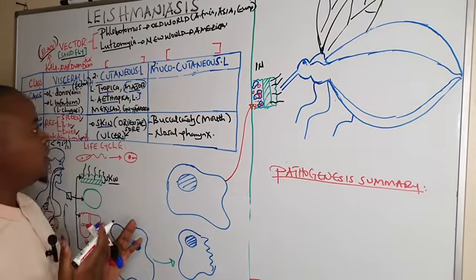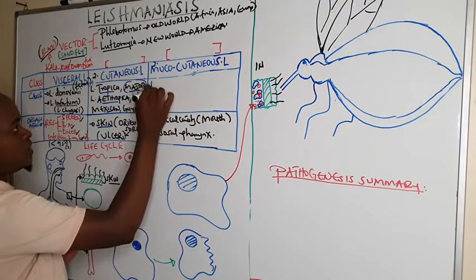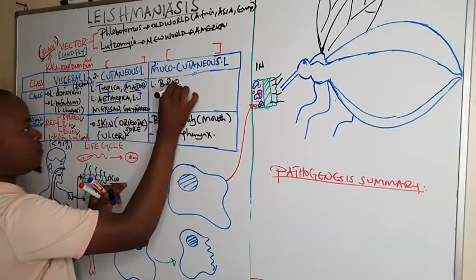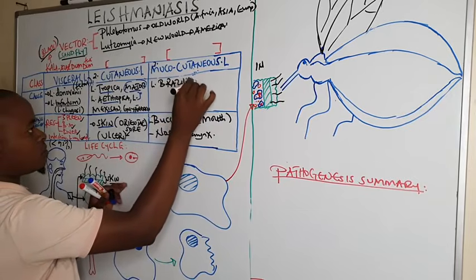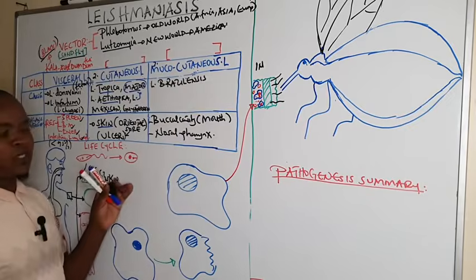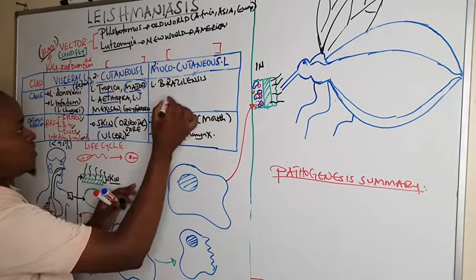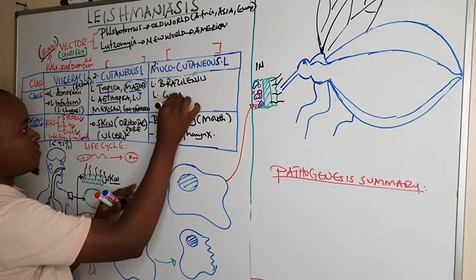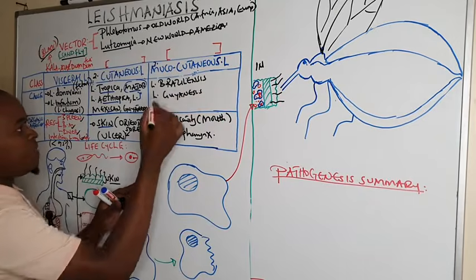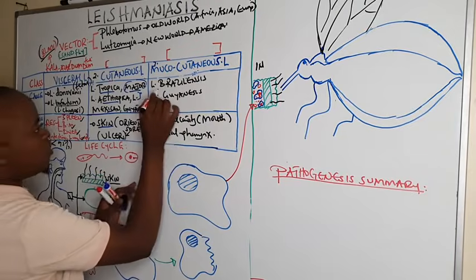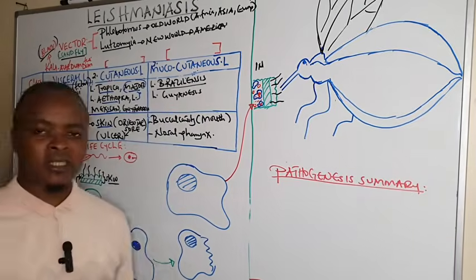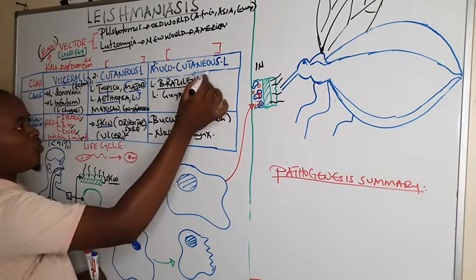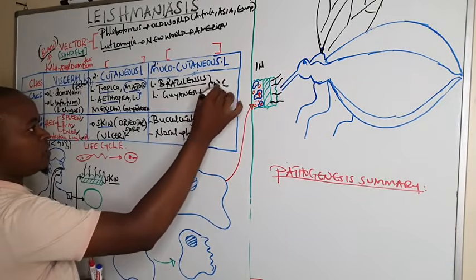And the major cause is Leishmania braziliensis. Sometimes it can also be Leishmania guyanensis. These belong to the braziliensis complex, which are responsible for causing muco-cutaneous leishmaniasis in the New World.